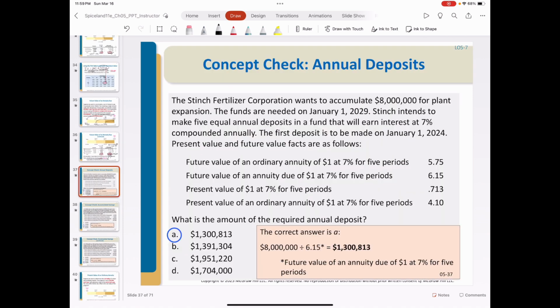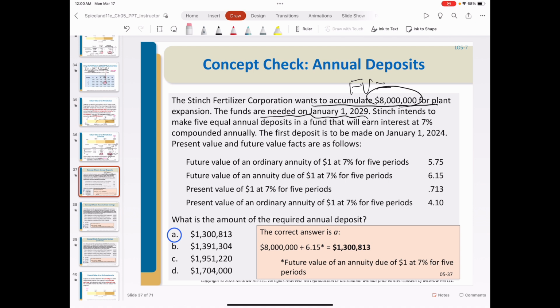So here is an example. Let's first analyze this question. This corporation wants to accumulate $8 million for planned expansion. So this also indicates this is a future value. The time when it was needed will be on January 1st, 2029, or December 31st, 2028.